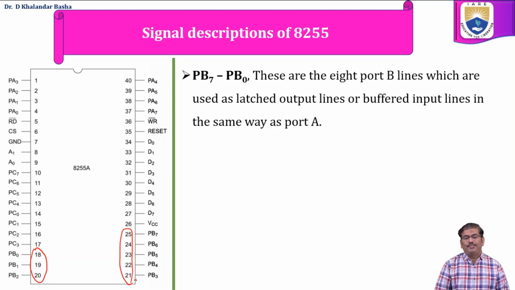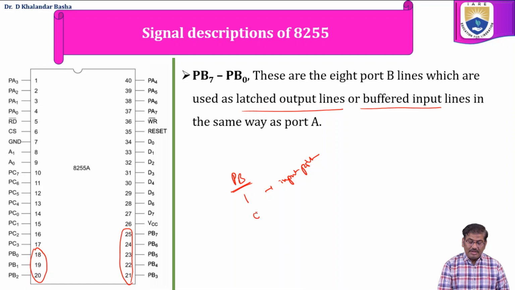So these are the pins corresponding to port B. These are the 8 port B lines, which are used as latched output lines and buffered input lines in the same way as port A. Here also for configuring port B, if this particular bit in the control word register is configured as 1, then port B will act as the input port. If the PB bit in the control word register is reset or configured as 0, then port B will act as the output port.